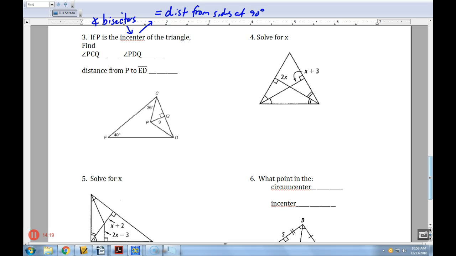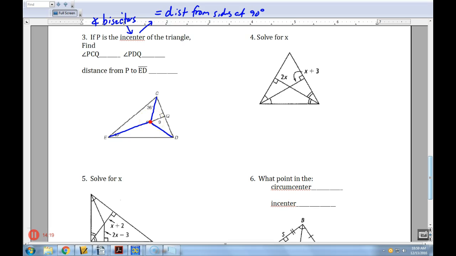So let me kind of look at this here. I have an angle bisector because it says P is the incenter. Well, who made P? This angle bisector, this angle bisector, and they don't show it, but this angle bisector. Those are the three creators. From that, point P was born. Boom, you got point P.